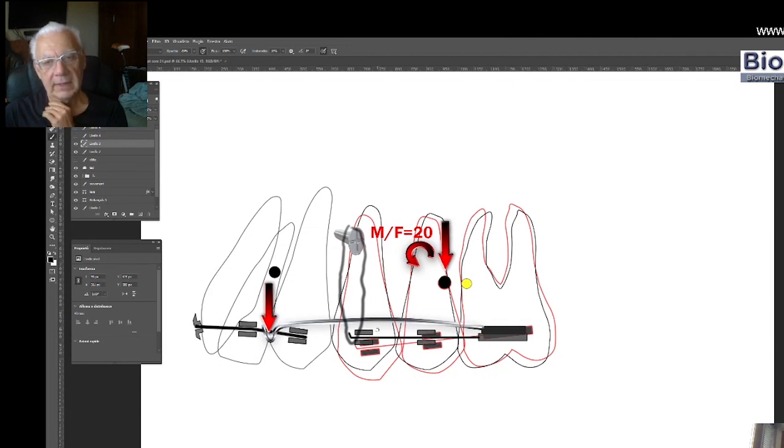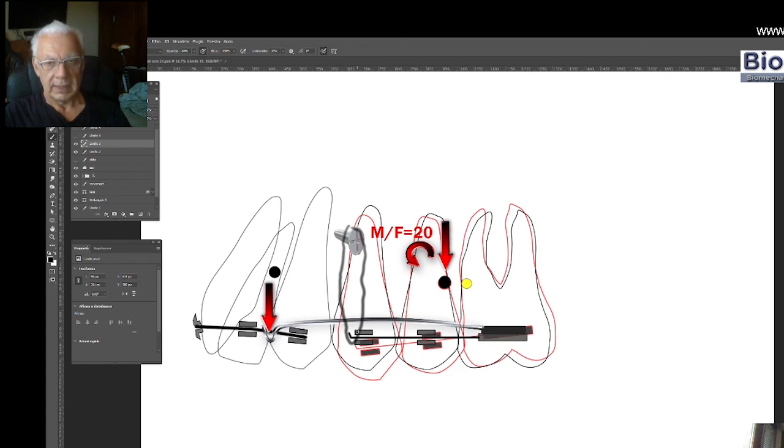In order to understand what happens in these conditions, we have to know something about the use of TADs as indirect anchorage, because here we are discussing TADs as indirect anchorage.